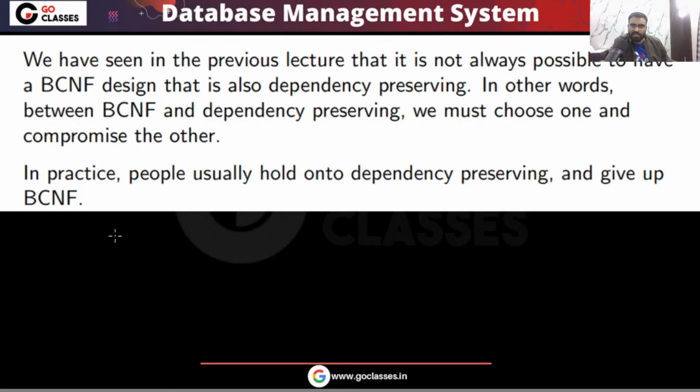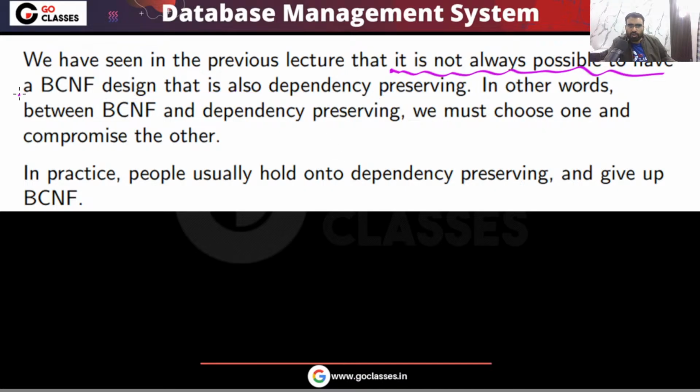Okay, so the same thing is written here, that if you go for BCNF, then you may lose dependencies. Dependency preservation may not be guaranteed. You can easily see it is not always possible to have a BCNF design that is also dependency preserving. Yes or no?